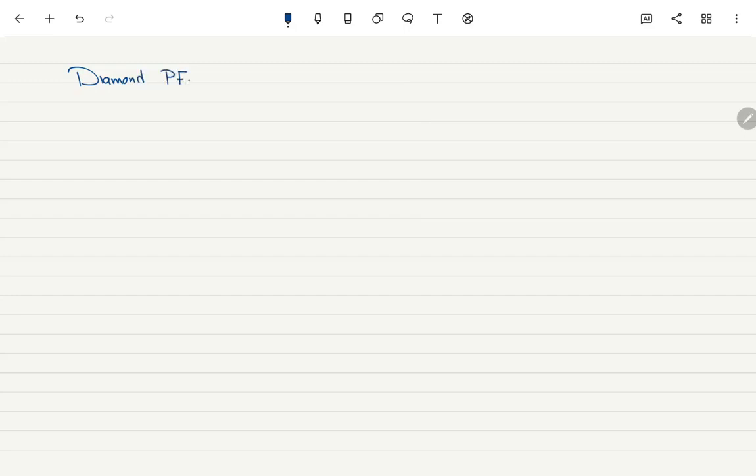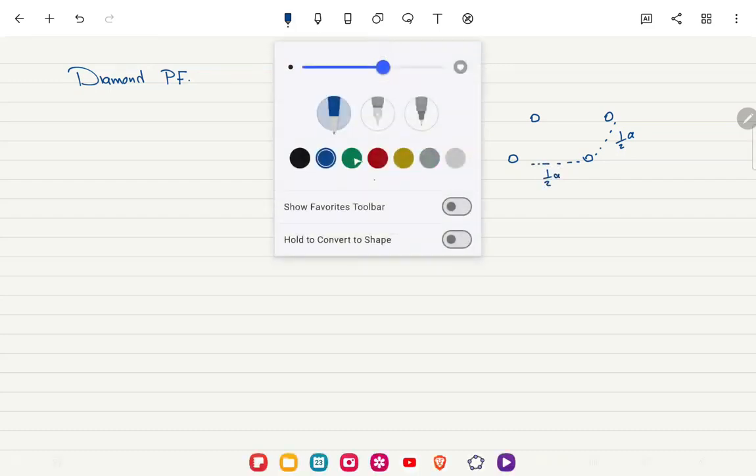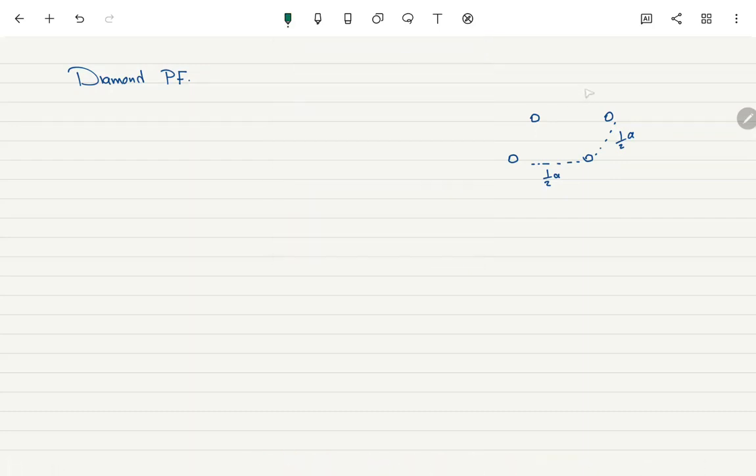Diamond packing fraction. Now, if we just take a piece of this diamond structure, take the base atoms like this one here, this and this. Now the distance here is half A, and the distance here is half A as well. Now the other one, the one on the top, the green one here, is located a distance 1/4 from the middle of the square.